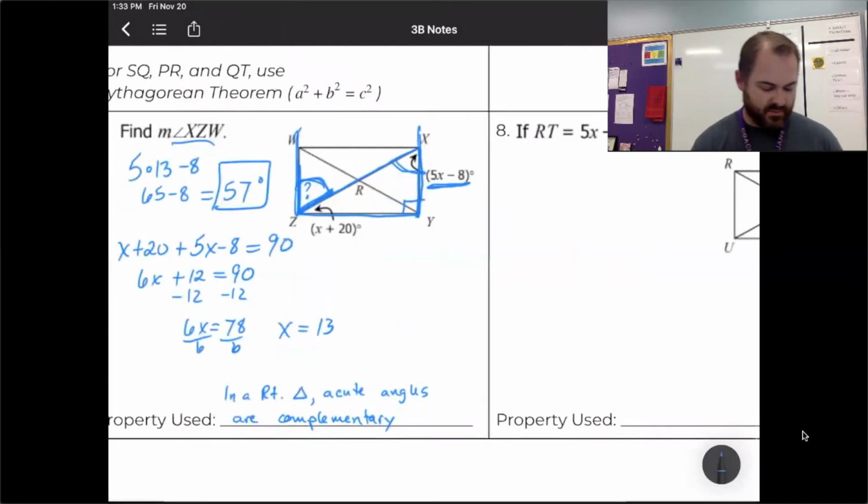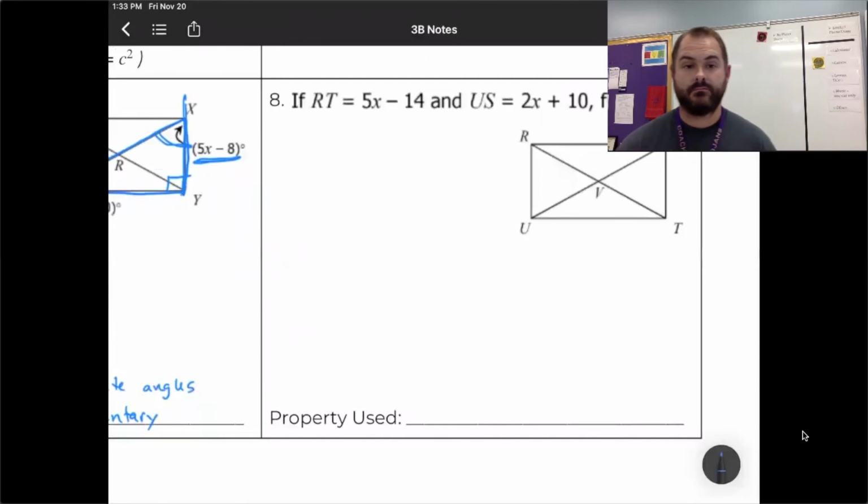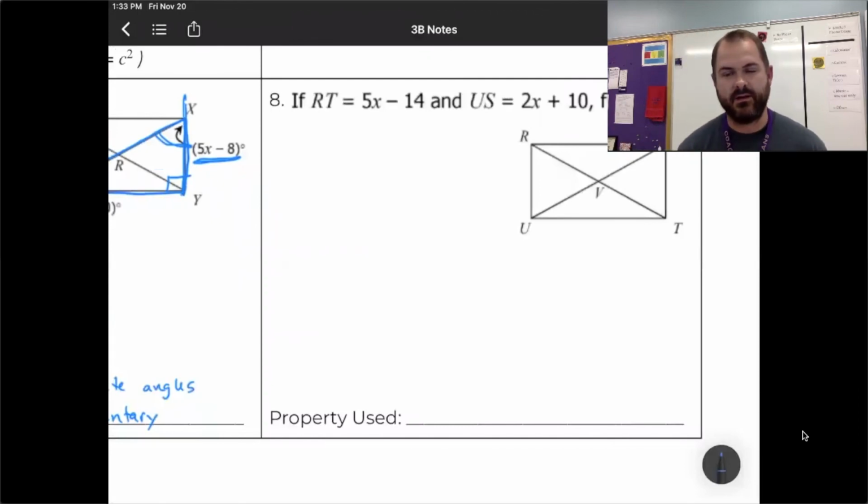Okay, one more example. So if RT is 5x minus 14, and they didn't write it in here, they put it in kind of sentence form, and US is 2x plus 10, find VT. Well, look at what we're using. RT is a diagonal, US is the other diagonal, and I'm going to find part of the diagonal VT.